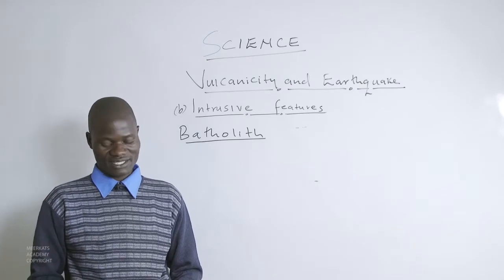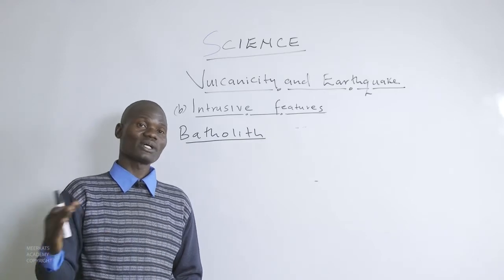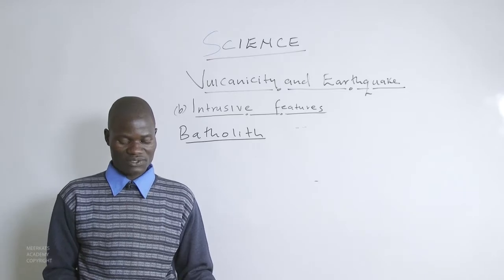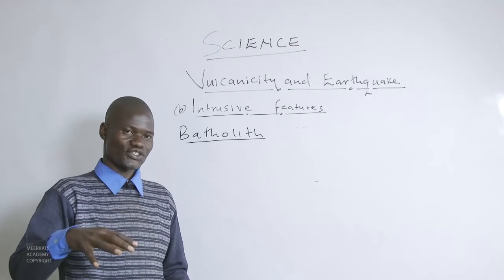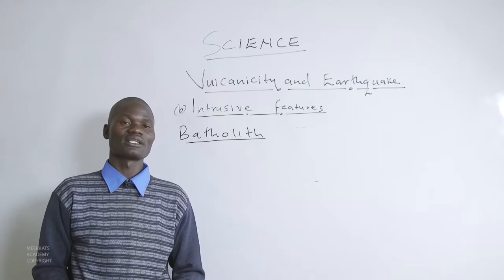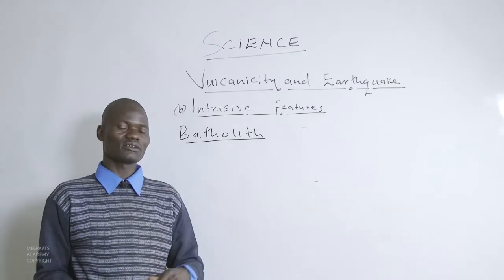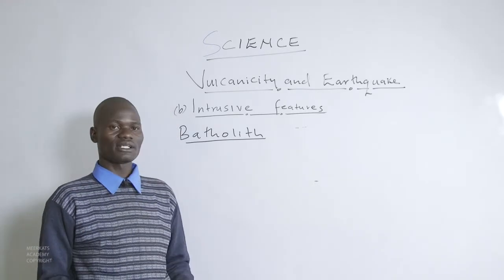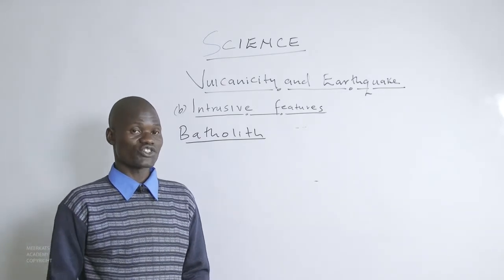You remember we covered the lesson on weathering previously. Therefore, the weathering processes and also erosion remove the overlying materials that are covering the crustal rocks. As a result, it exposes the features which have been formed within the bedding planes of the crust, and it exposes the batholith on Earth's surface.